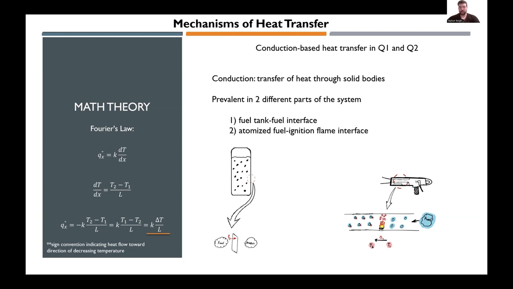Also, because we are choosing to say that we are going from a hotter temperature to a cooler temperature, the cooler temperature being in the surroundings, we have to use a negative. But all of this can be expressed as the thermal conductivity multiplied by the difference in temperature over L.